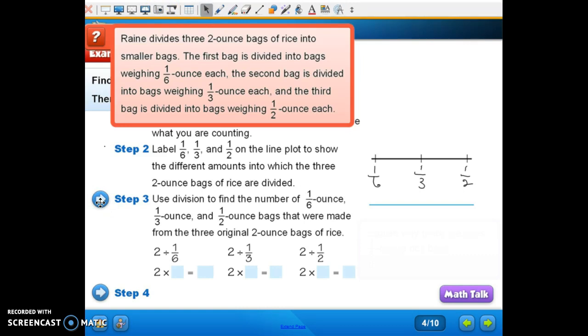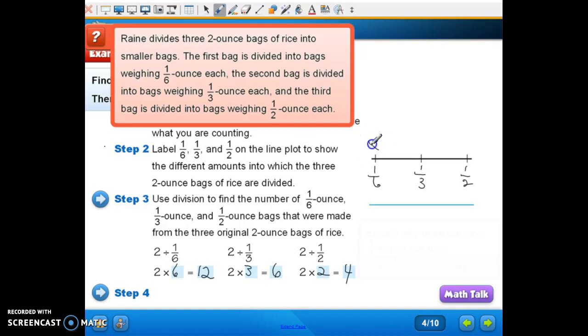So 2 divided by 1/6 would be 2 times 6, which would be 12. 2 divided by 1/3 would be 2 times 3 is 6. And 2 divided by 1/2 would be 2 times 2, which would be 4. So we have 12, 6, and 4, and then we would need to plot those on our graph.